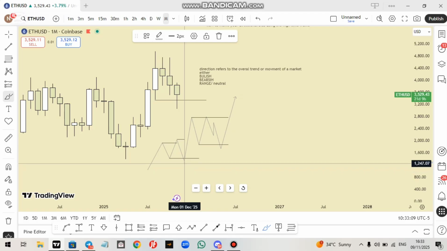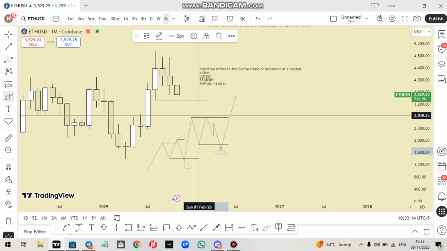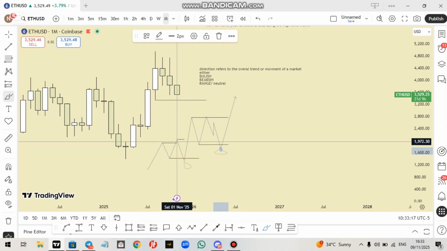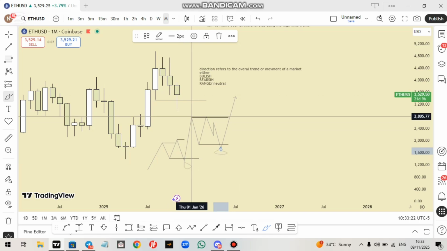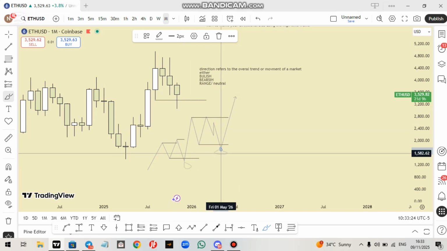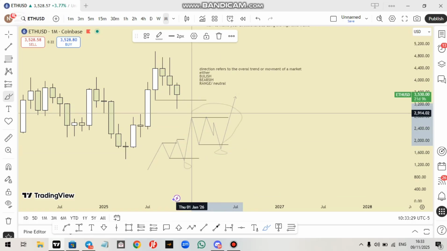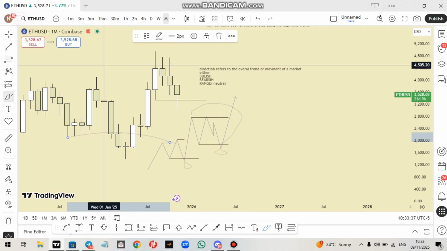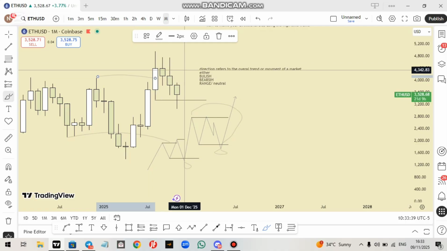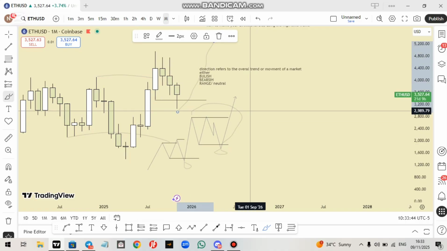The rejection here, the rejection here, but the break, the break, the break. Price traveled from here to here, rejected from here, traveled, and broke the previous old high. You can see it in the trend. Reject, break, coming back, expand. Hope you understand.